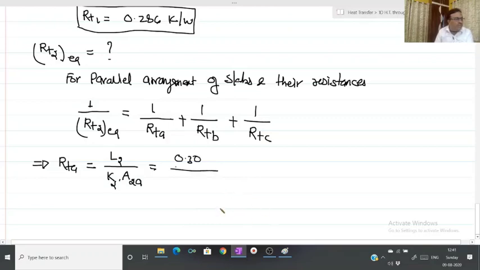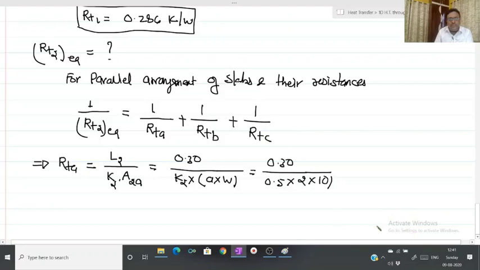Its thermal conductivity K2 into area can be represented by height A into width W, so this is 0.30 over the thermal conductivity of material A, 0.5, into height A, which is 2, into width, which is 10. So this comes out to 0.03 Kelvin per watt.